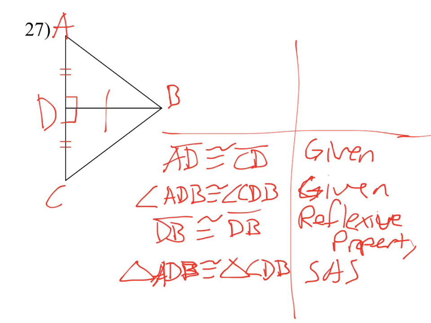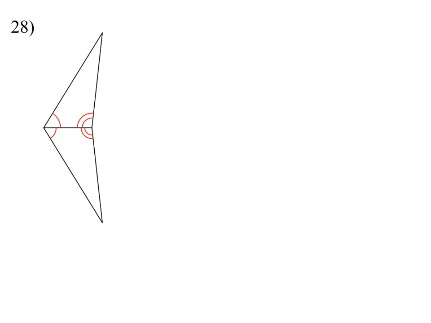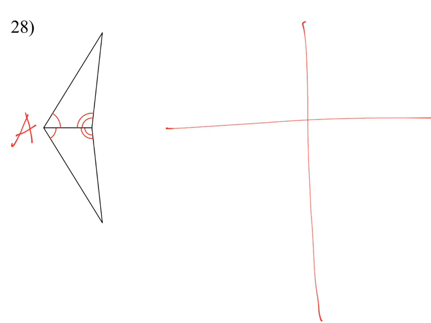There we go. And finally, our last one, my two columns here on the right, A, B, C, D. Alright, so I already have some angle congruencies here. I have the angle down here and that one.